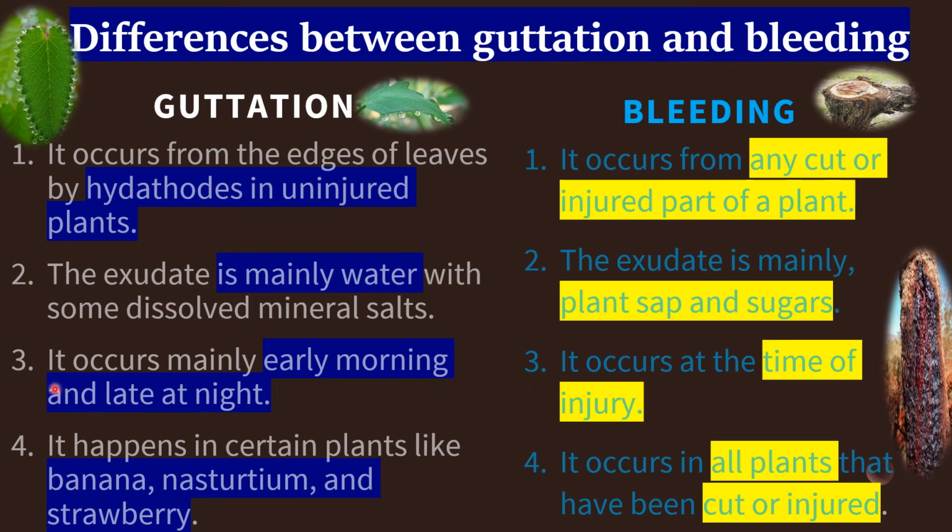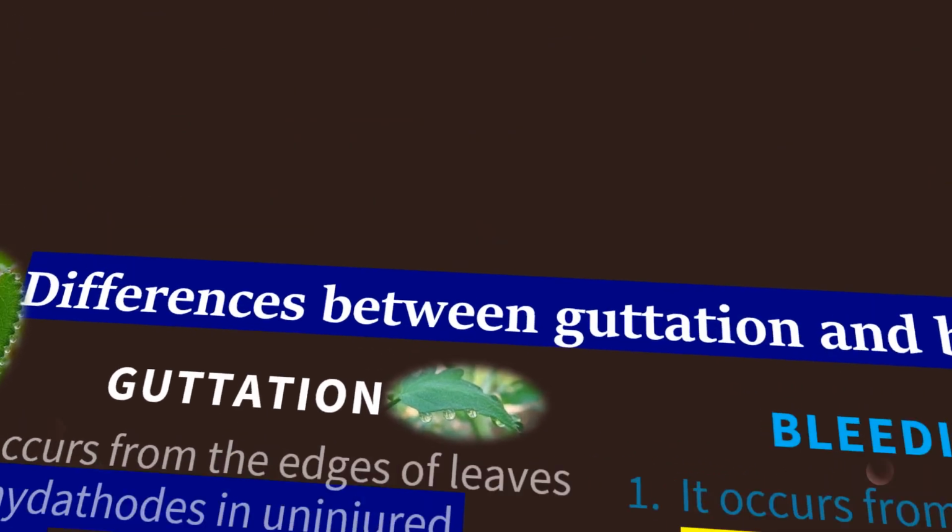The next point: guttation occurs mainly early morning and late at night, but bleeding occurs at the time of injury. Guttation happens in certain plants like banana, nasturtium and strawberry, mainly herbaceous plants. But bleeding occurs in all plants that have been cut or injured. These are the differences between guttation and bleeding.